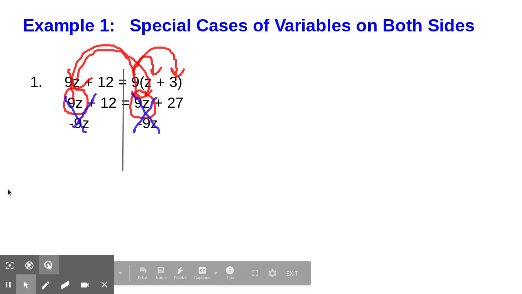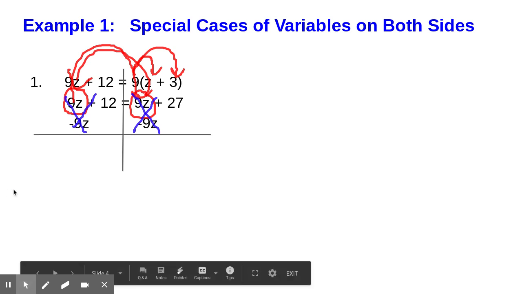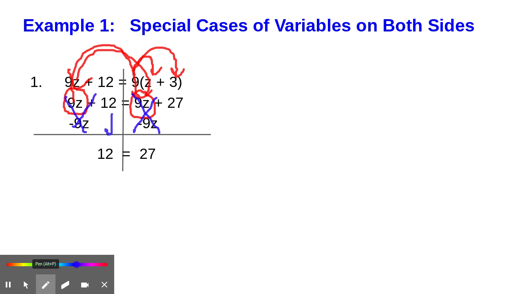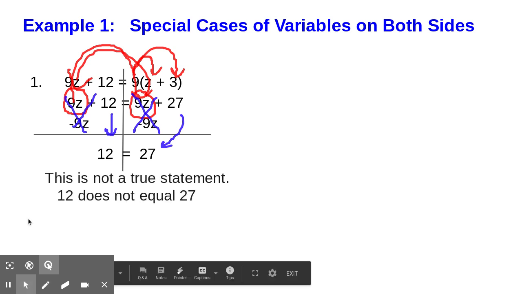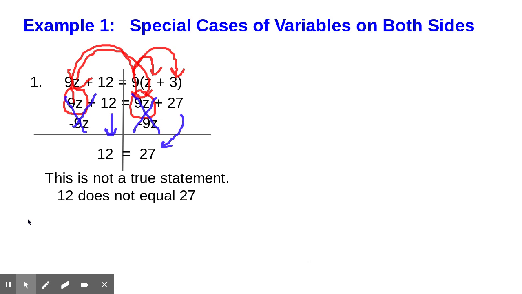So now what happens here? I'm left with my 12 and my 27. So I'm left with 12 equals 27. Does this make sense? No. This is not a true statement. 12 does not equal 27. So what is our answer going to be? Our answer is going to be no solution.